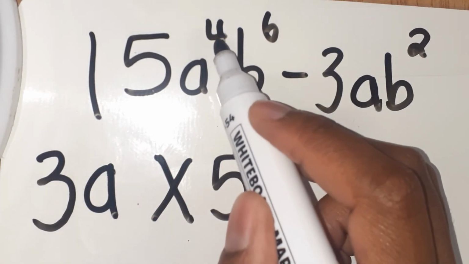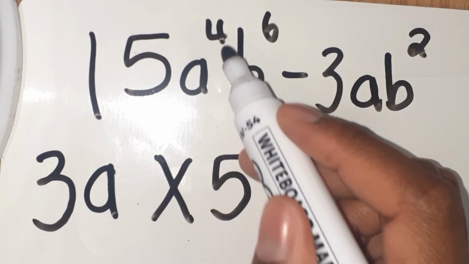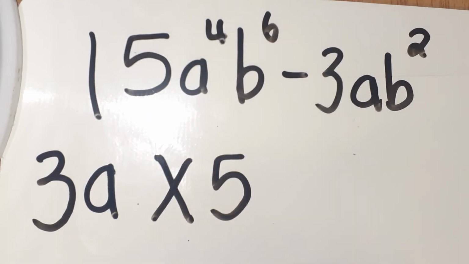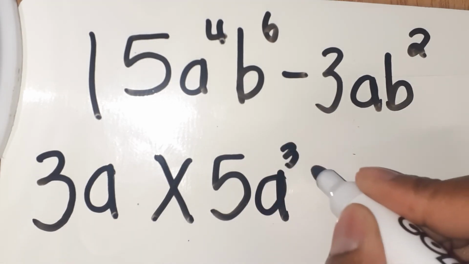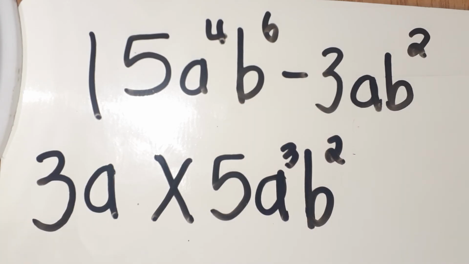In the brackets, we'll just do 3 so that we can add these a's and they give us 4. Now, with the 5, we can give it a cubed b squared. Why do I say that? Because the bases are going to be the same. We're going to add the exponents and they're going to take us to this 4, right? So we will be exactly where we want to be.